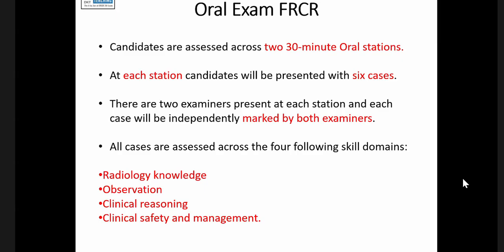But you have to understand, again, don't overload yourself. Basically, you know what you have to do, and don't try to be artificial. The examiners convert whatever you are saying into four headings and mark you accordingly.